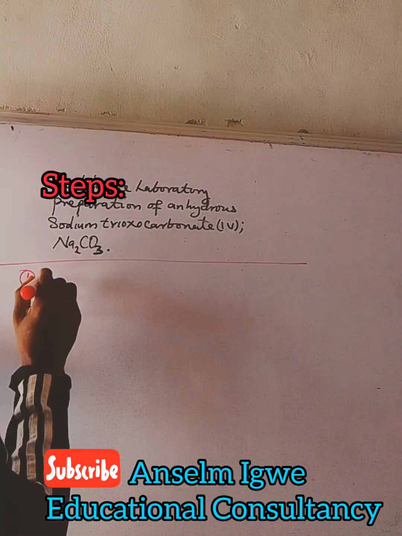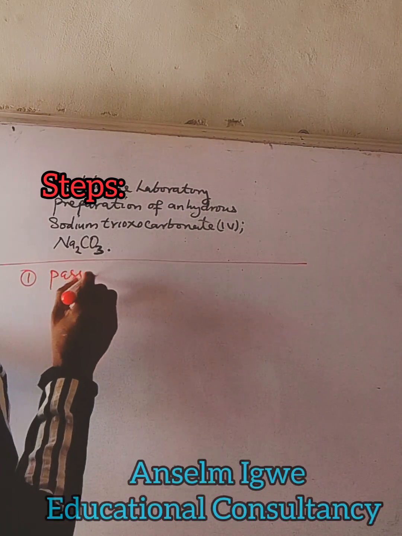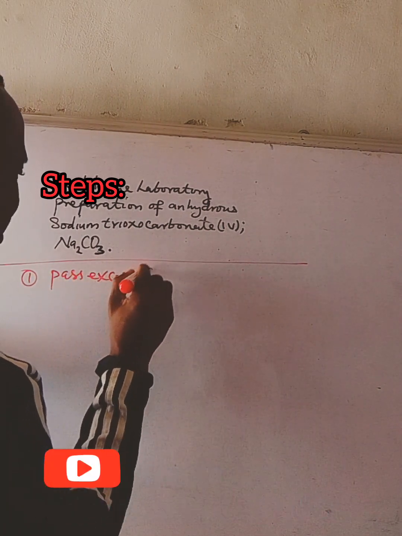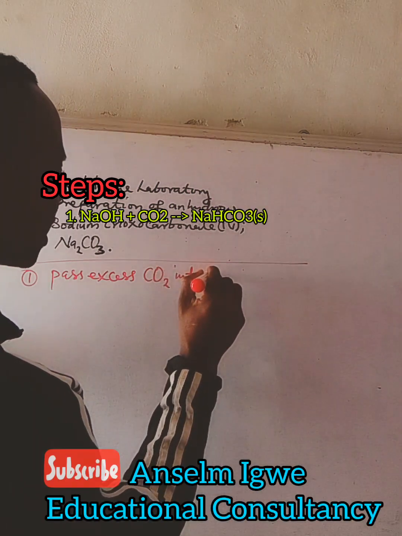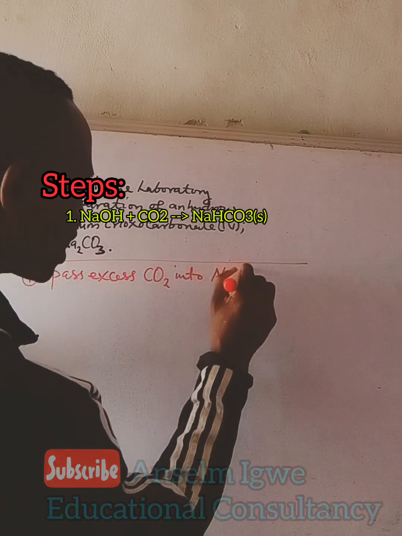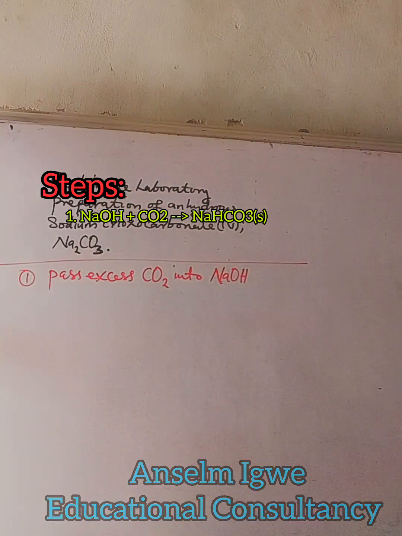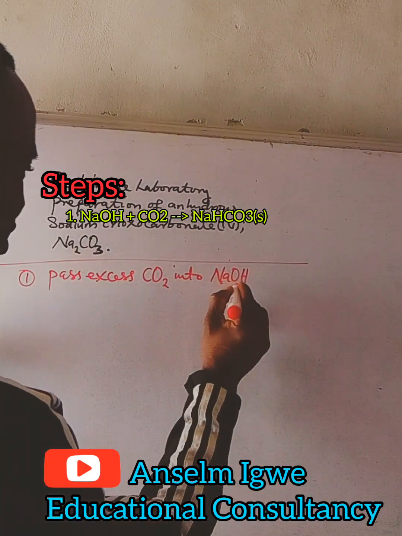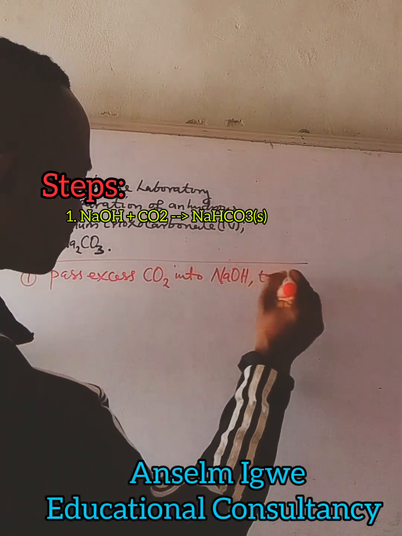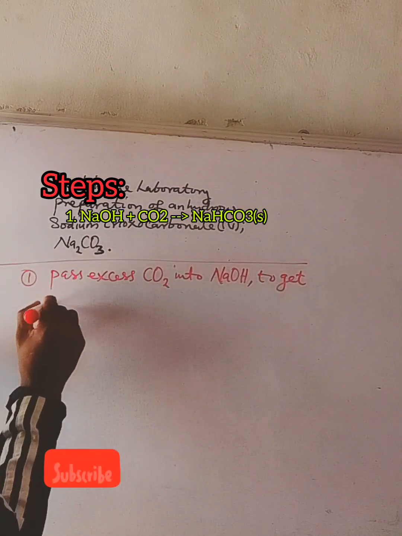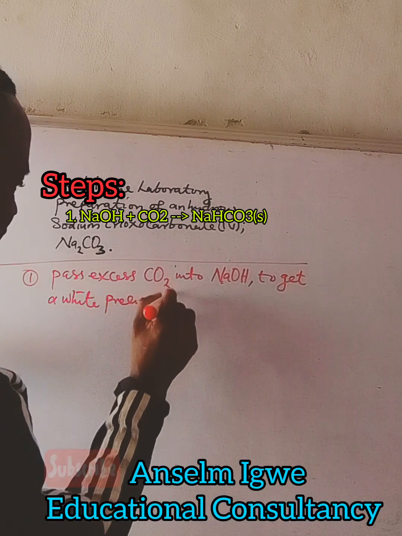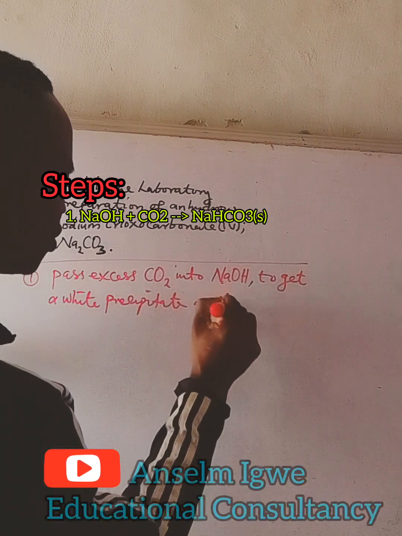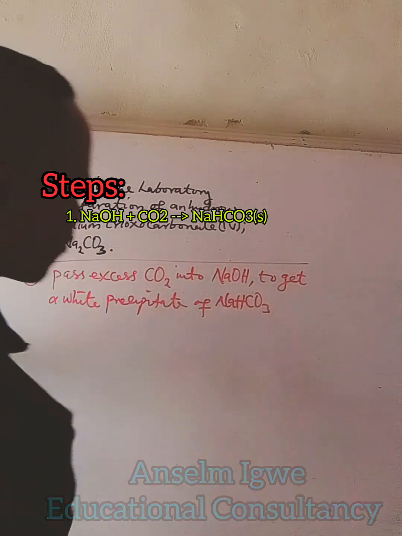Number 1, pass excess carbon dioxide into sodium hydroxide base. Once you pass this gas into this base, you are going to get a white precipitate of sodium hydrogen trioxocarbonate 4.